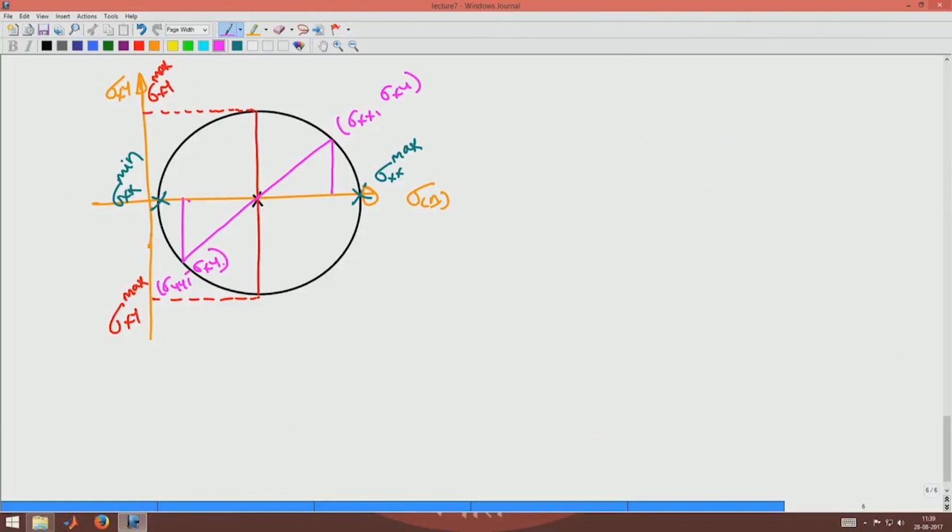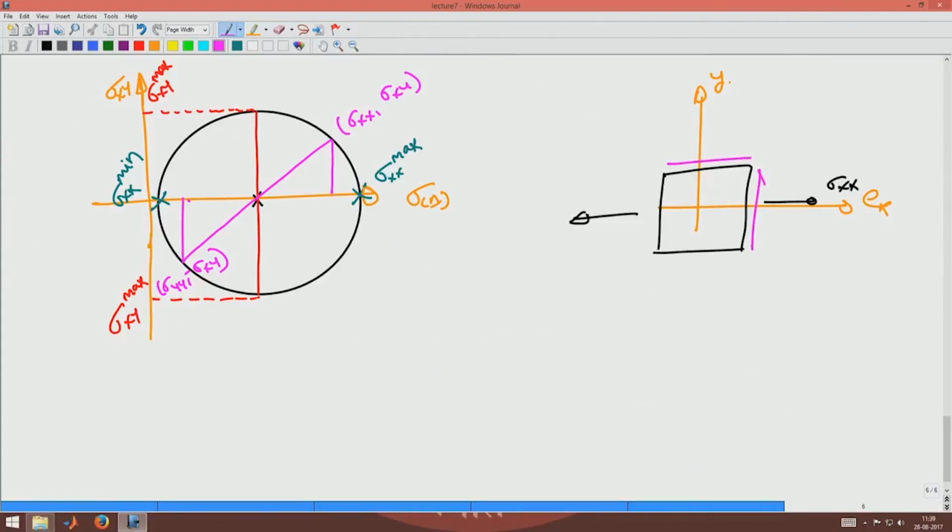So, that was the stress state that was given to you, that is, I have Ex, Ey, and on this I have a stress element with sigma xx, sigma xy, this is also sigma xy, and this is sigma yy, like this.